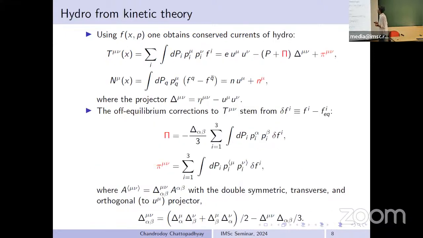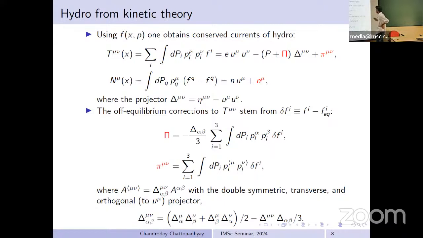Now, how can I go from kinetic theory to a hydrodynamic description? As I said, if we know the distribution function to some approximation, I can integrate out the particle degrees of freedom to get macroscopic currents, which can be decomposed in this form. E is the energy density in the local rest frame, P is the thermodynamic pressure, capital Pi is the bulk viscous pressure, this is the shear stress tensor, and so on.